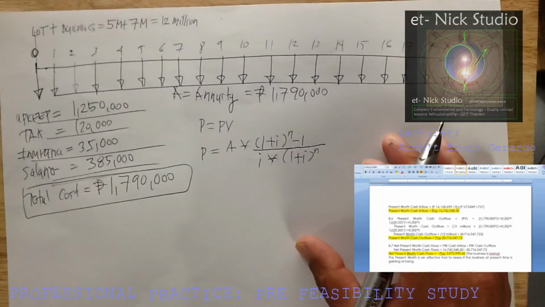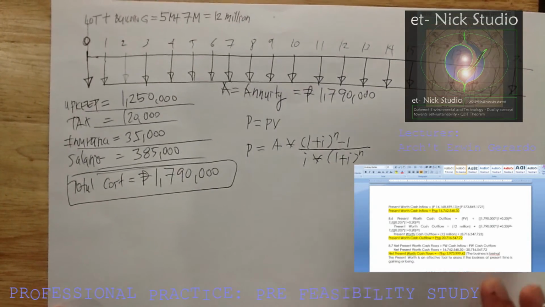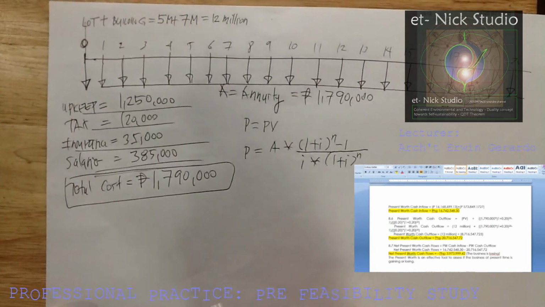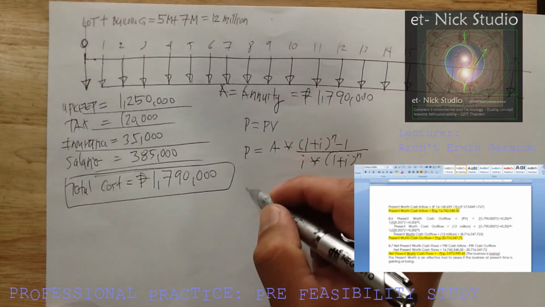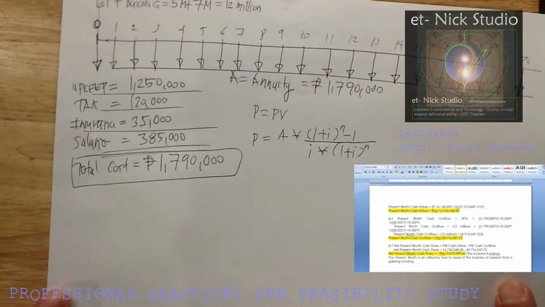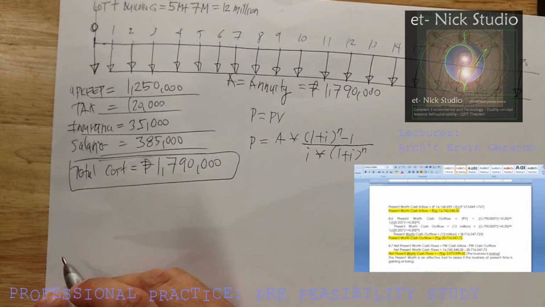Therefore, for the present worth, all arrows that point downward involve cost. So if we're going to solve it here, we need to combine these two equations.